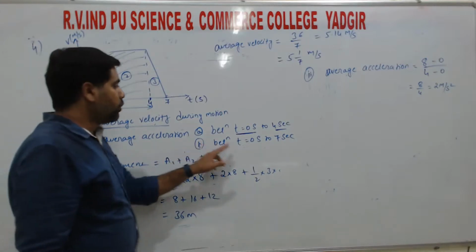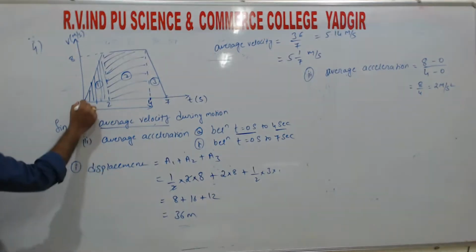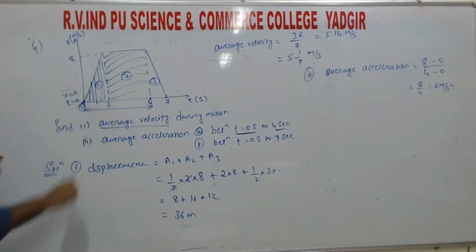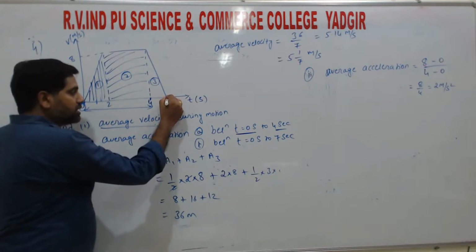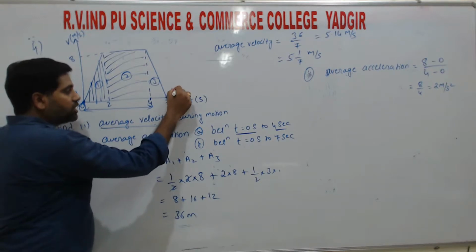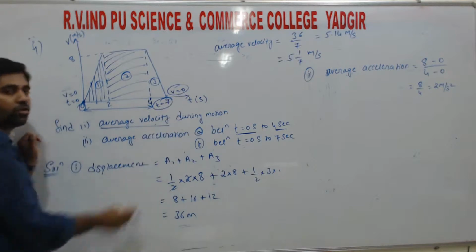So in the second case, between 0 seconds to 7 seconds, right? If you observe here, this one is the 0 seconds. When t equals 0, its velocity is 0. That means its initial velocity is 0. After 7 seconds, again its velocity is 0. When t equals 7 seconds, again its velocity is 0, right?